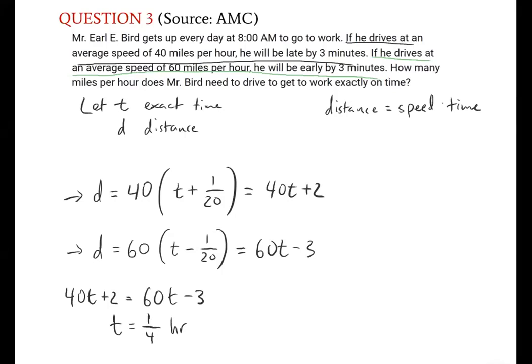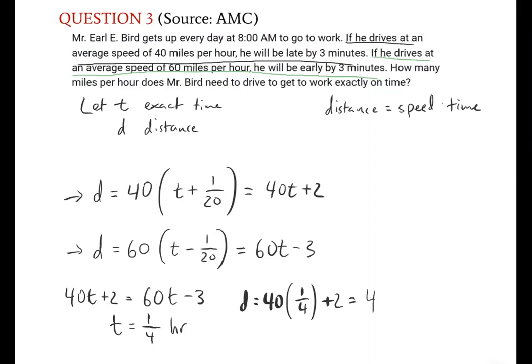So we first have to get his distance. We have to find his distance first. And to find the distance traveled, you can just plug in 1/4 into one of these equations. So I'm going to use this one. Plus 2, and we can find that his distance will be equal to 48.